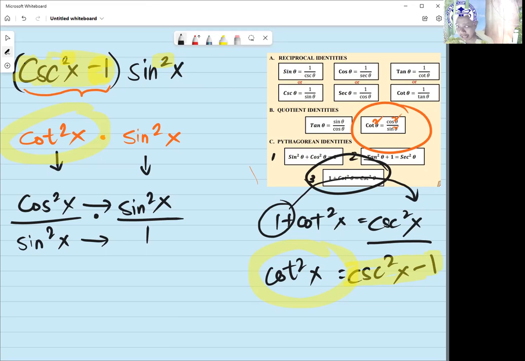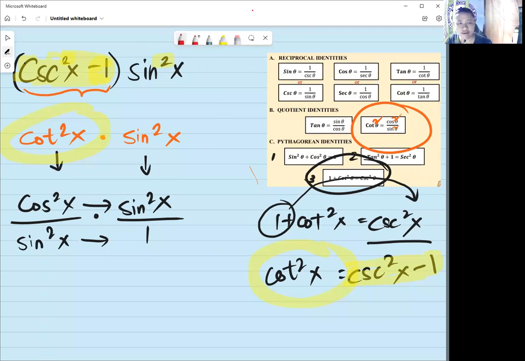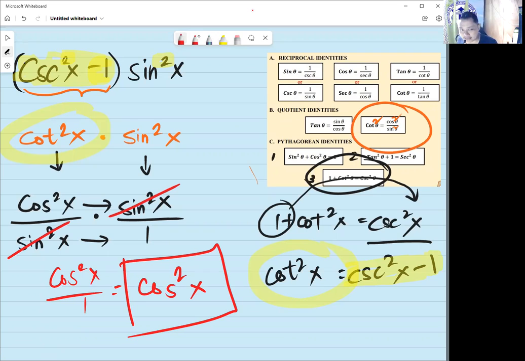And then bring down sine squared x. Now, to simplify, let's cancel what's the same in the numerator and in the denominator. So we have here sine, sine. So therefore, what's left here is cosine squared x over 1. And it's just the same as cosine squared x. And that's the single function for that.